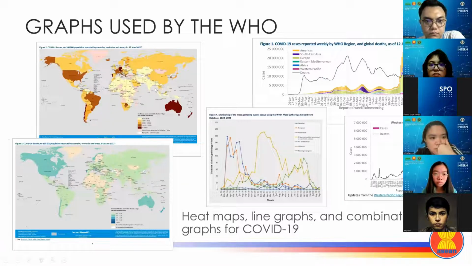Myanmar, India, hindi kasama ang I think Thailand, Sri Lanka. So you can see yung map ng WHO, baka malito kayo. Baka hanapin nyo ang Philippines sa Southeast Asia. Wala tayo sa Southeast Asia ng WHO. Ang Southeast Asia office, regional office ng WHO nasa India. Then ang Western Pacific office ay nasa Philippines. Okay?